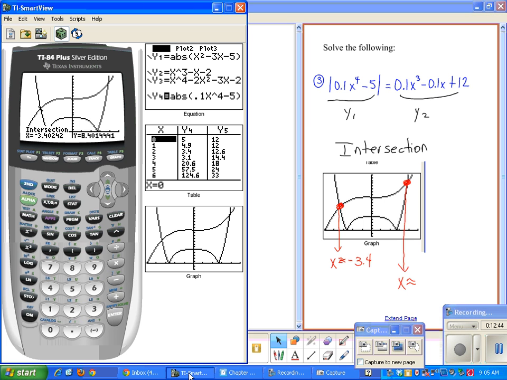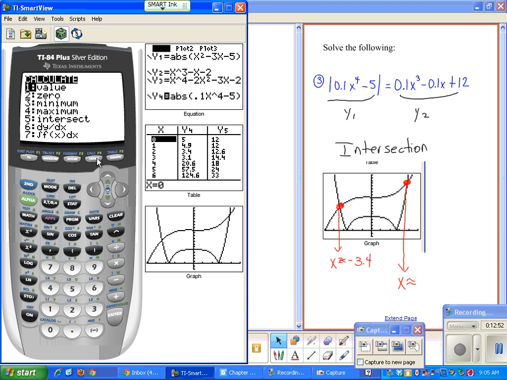Let's find the second one. Second calc. Again, the intersection, number 5. Use my right arrow to get closer to the solution over here on the right.